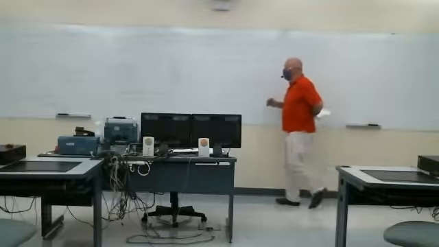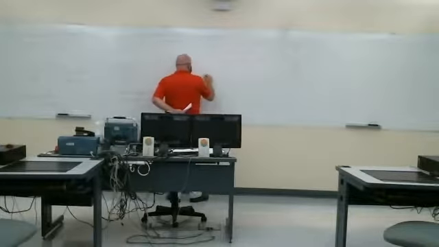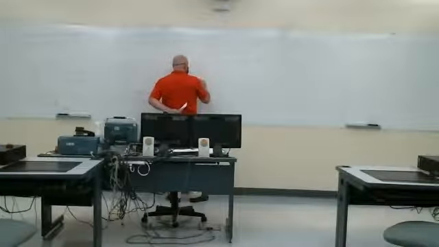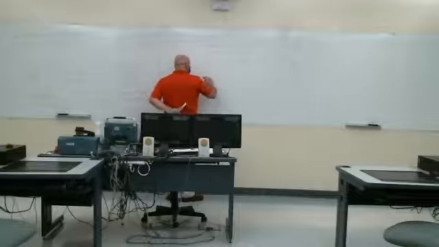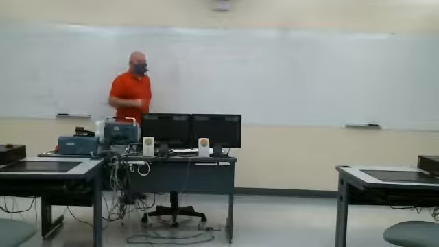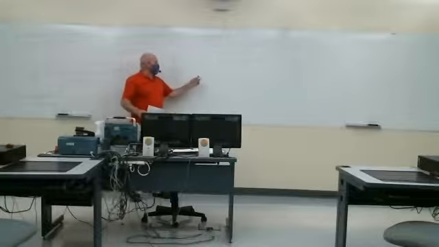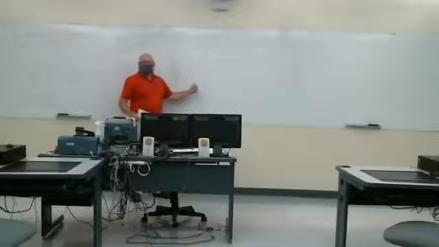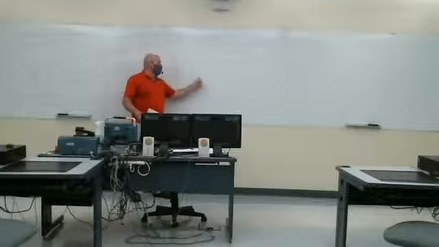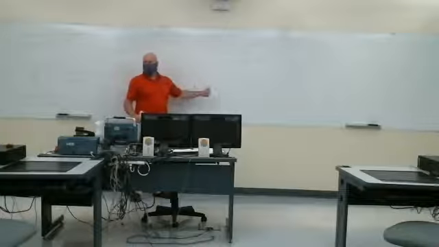A little helpful reminder for cross products. If you arrange them in alphabetical order in a circle like that, if you move clockwise around the circle, x cross y is positive z. y cross z is positive x. z cross x is positive y.